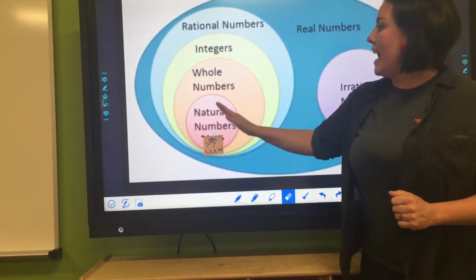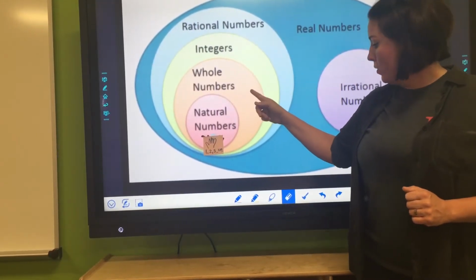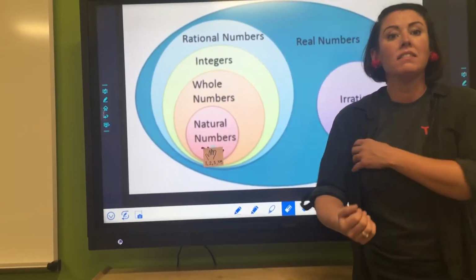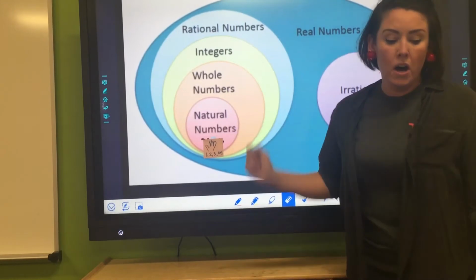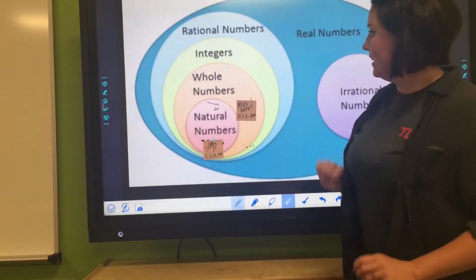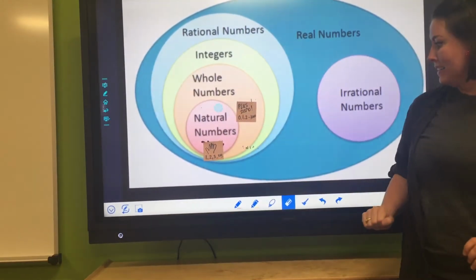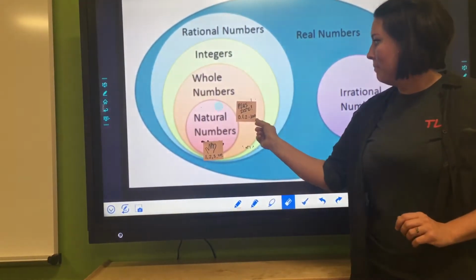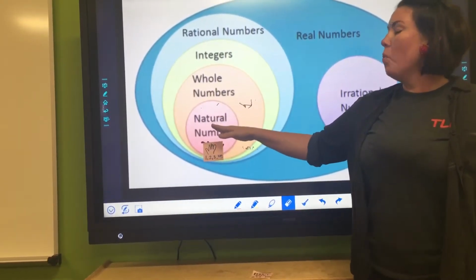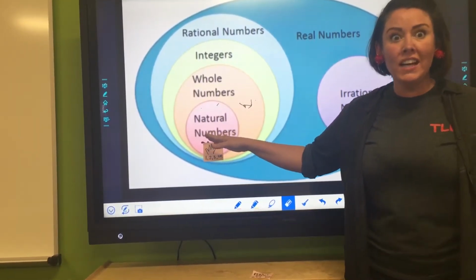As we move out to this category, whole numbers are exactly what they sound like. They're all the natural numbers, plus 0. So that's what's added. We have 1, 2, 3, 4 all the way up to infinity here.